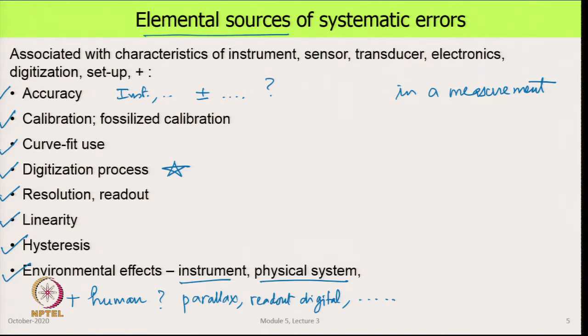So, what we will have is many of these are specified as some limit, plus minus this much, plus minus this much, and there is a certain probability associated with those numbers. And our question is, how do I convert these plus minus values, a range which has been given, plus minus 3%, say plus minus 1%, plus minus say 1 bar, like that.